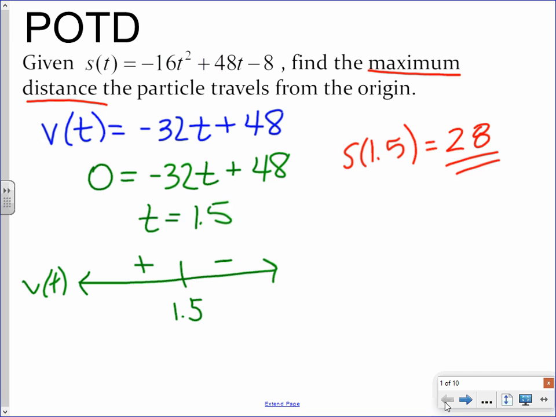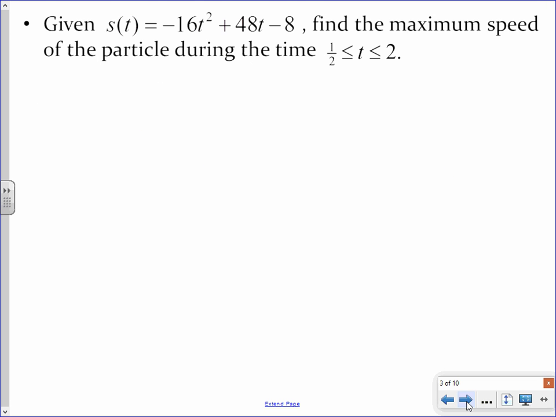Yes. Okay. Let's talk about this one, maximum speed. Maximum speed on the interval.